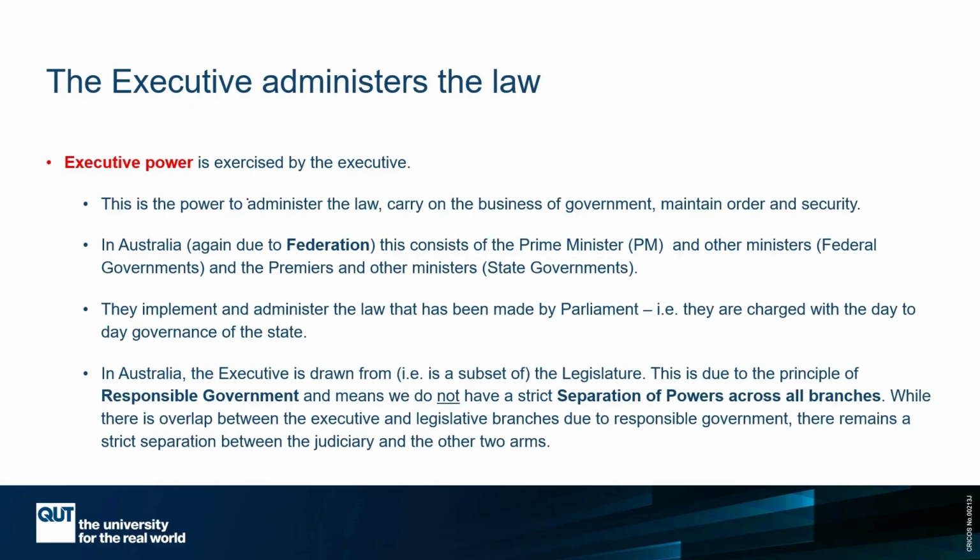The executive administers the law. They carry on the business of government. In Australia, again because of federation, we have two executives. At the federal level, we have the Prime Minister and the other ministers.